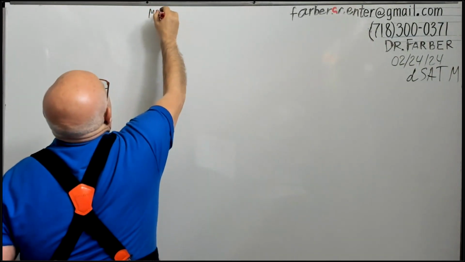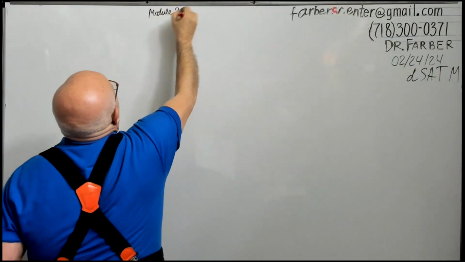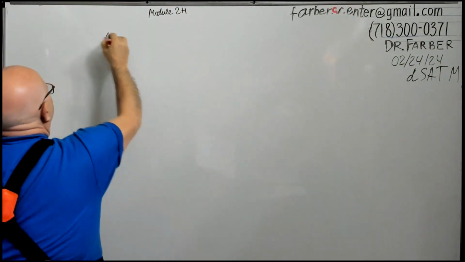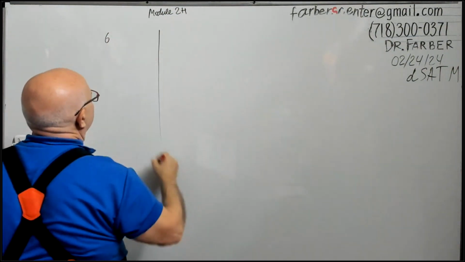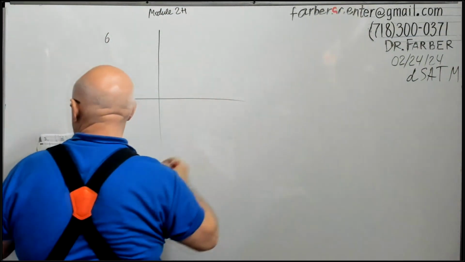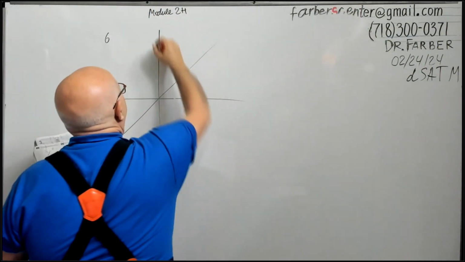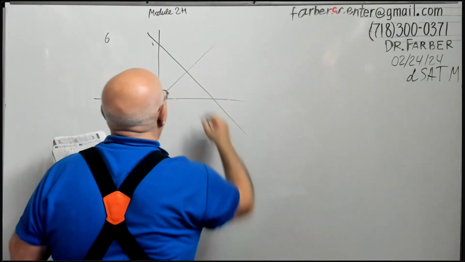Module to H. For 6, we have Cartesian coordinates. We have a line which goes through the origin, and the second line goes perpendicular to this line.